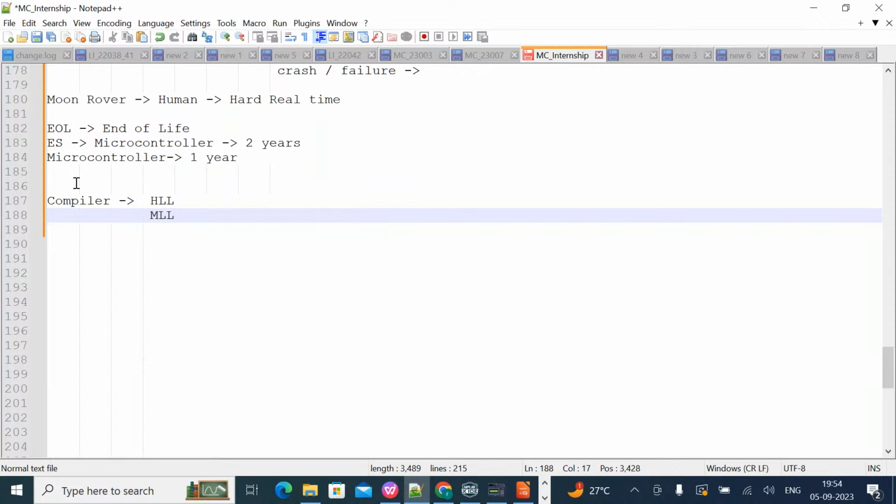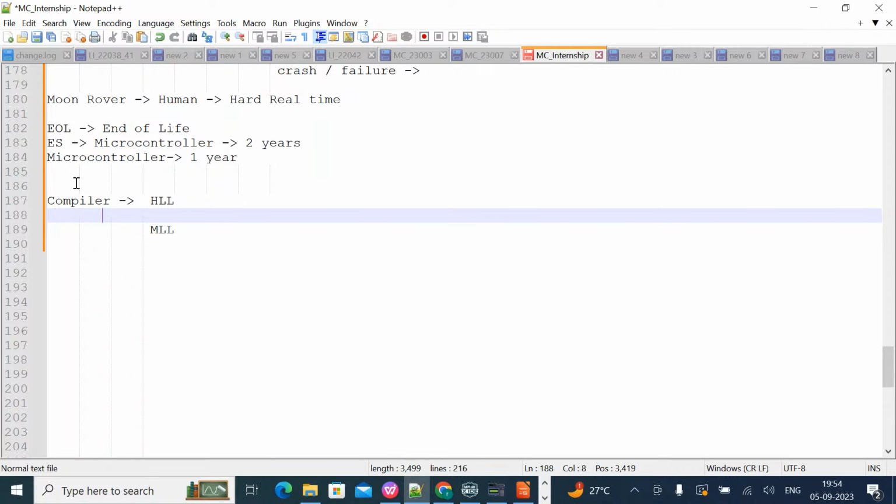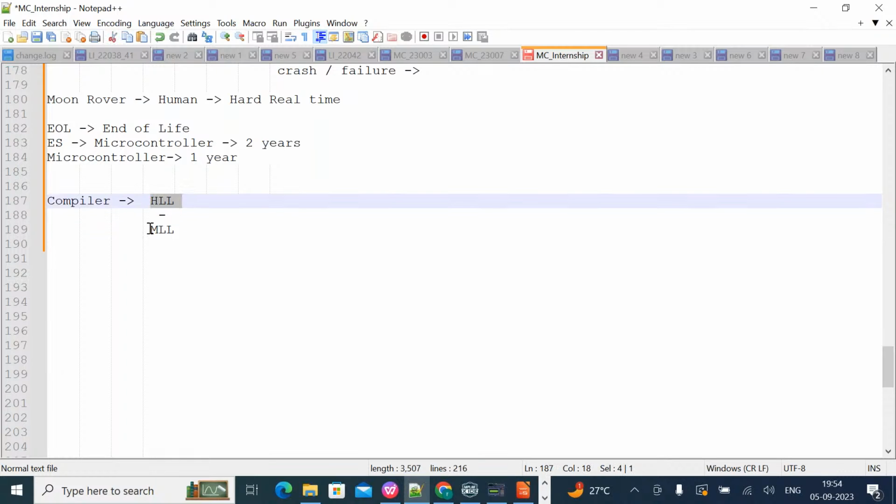So whatever code is written in the higher level language has to be converted into the machine level language. So who is doing that conversion? Compiler. Understood? As many of you said correctly, compiler is used to convert high level language code to the machine level language code.